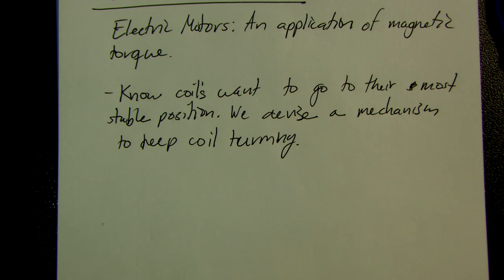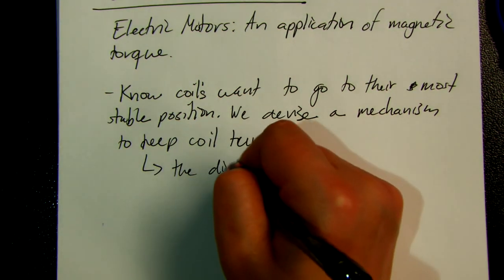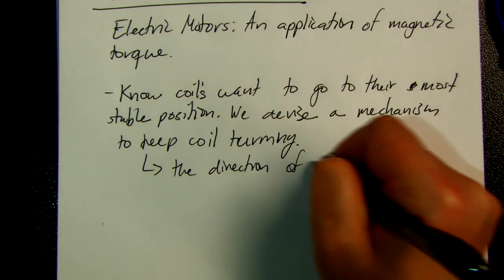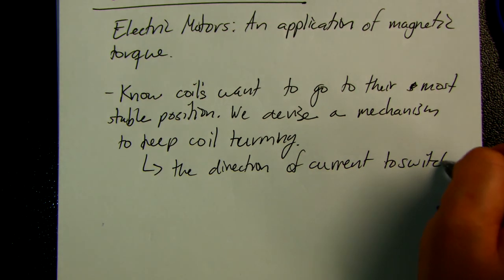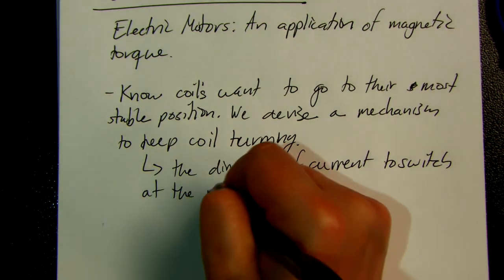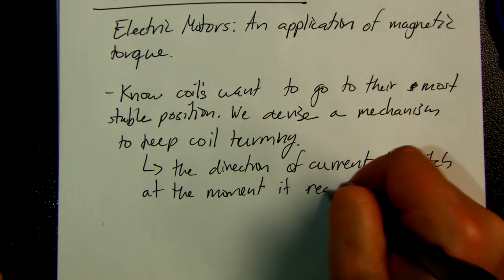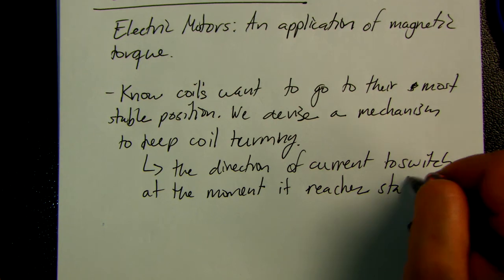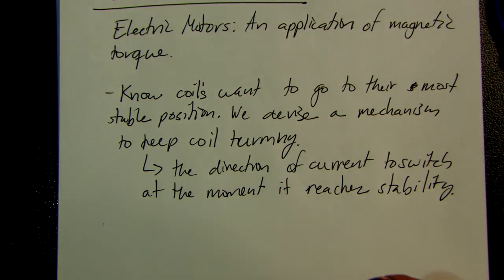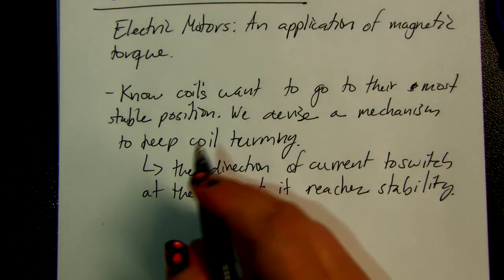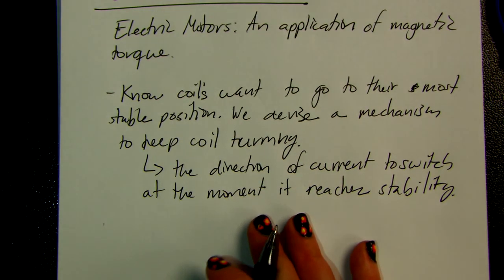So one way to do that is you can make the direction of current switch at the moment it reaches stability. So one method is something called a split ring commutator, which will automatically change directions of a current at just the right moment.